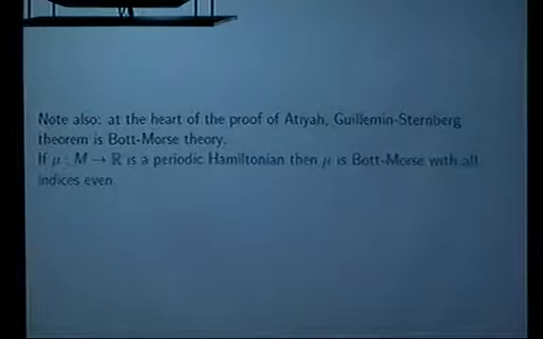And the statement that's key is that if you have a periodic Hamiltonian, then it's a Morse-Bott function, and all the indices are even. That's what makes the whole thing work. Right, so if you like, here's a proof of the Atiyah, Guillemin, Sternberg convexity theorem. Well, a compressed, one-sentence version.